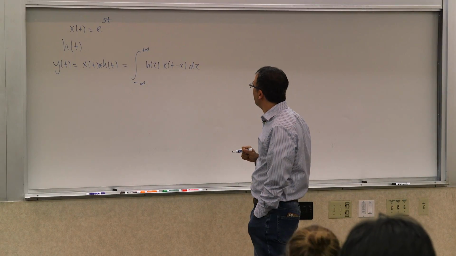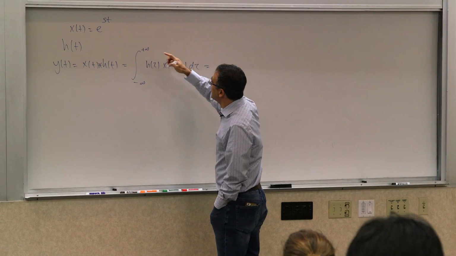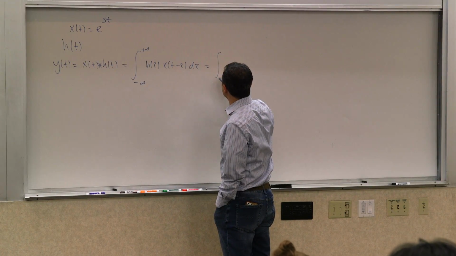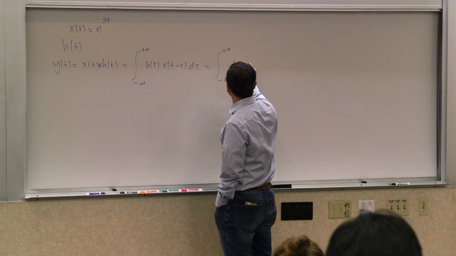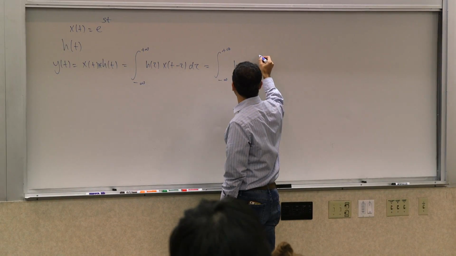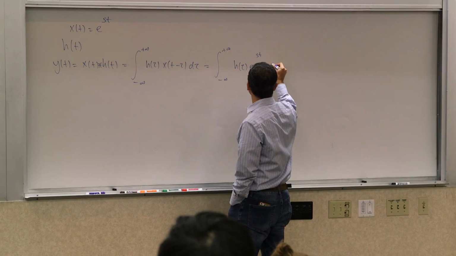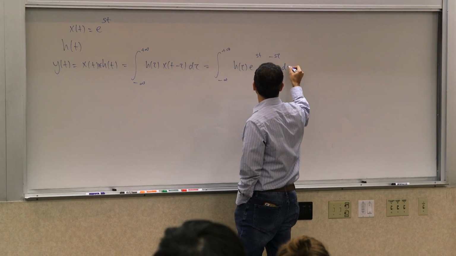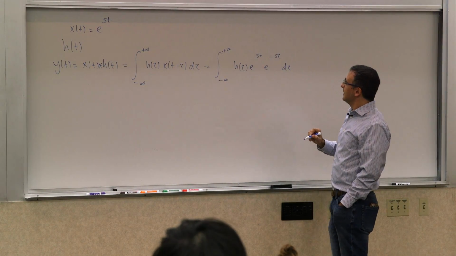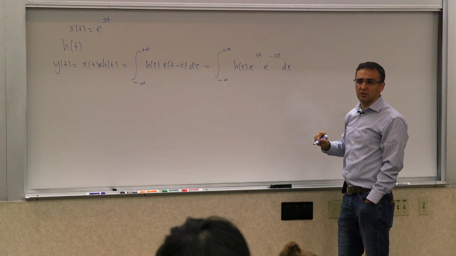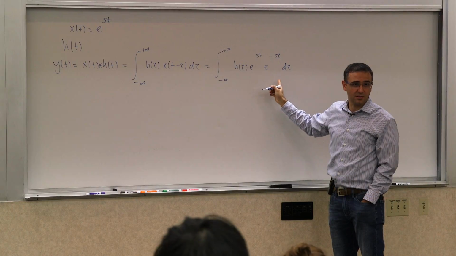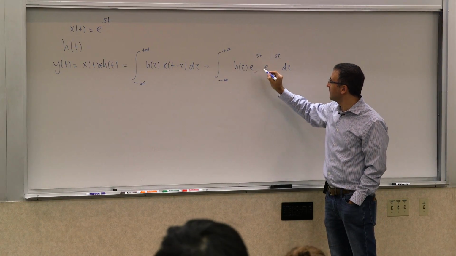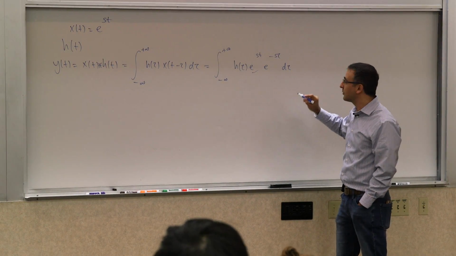Okay. All right. So now I plug that definition of x of t in there. So I get h of tau, e to the st, e to the negative s tau, d tau. t is a constant as far as this integral is concerned, right? So this term is not a function of tau. I can take it out.